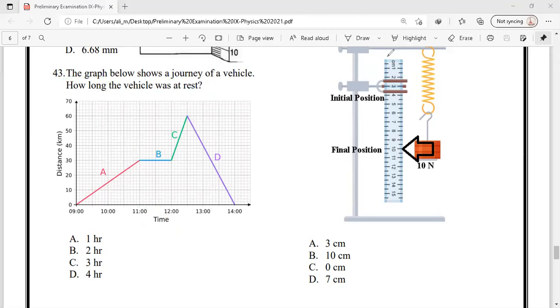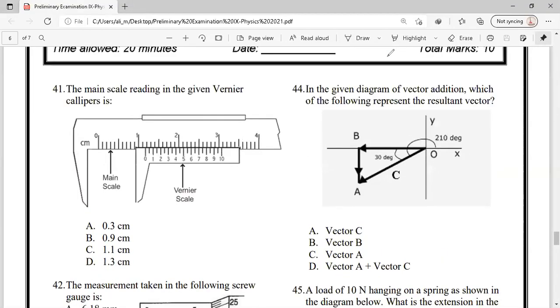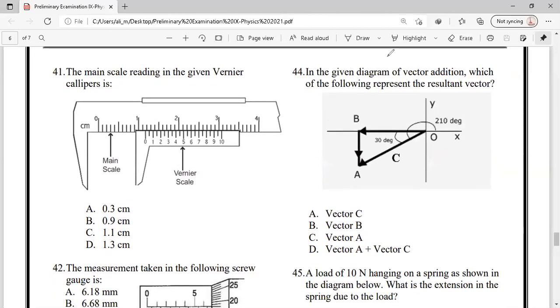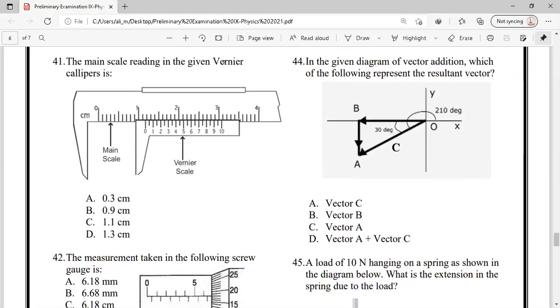Let's move to our question number 44. In this question, we have a vector diagram that shows the addition of two vectors followed by their resultant. We know that addition is done by the rule known as the head to tail rule. And the resultant vector we have to identify in this question.